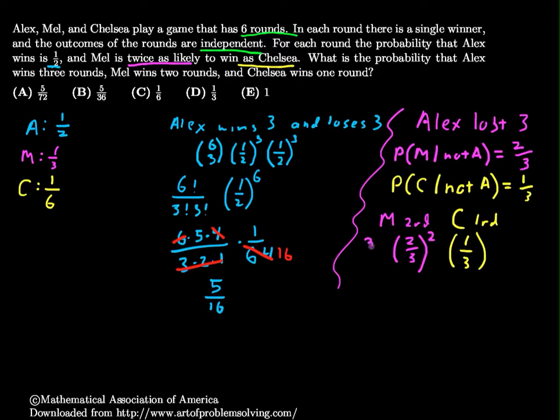This can happen in any of 3 choose 2 ways, because we have 3 rounds, 2 of which Mel is winning. 3 choose 2 is 3 factorial over 1 factorial times 2 factorial. 2/3 squared is 4/9 times 1/3. 3 factorial over 2 is 6 over 2, so that gives me 3 times 4/9 times 1/3.